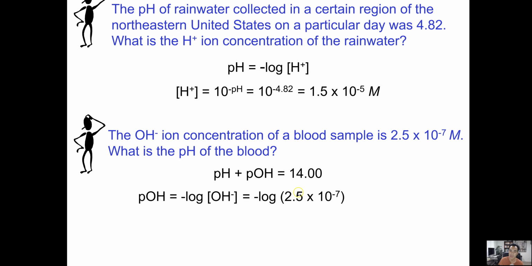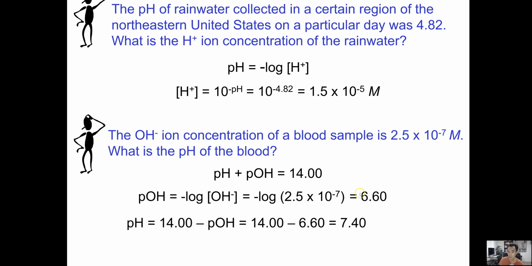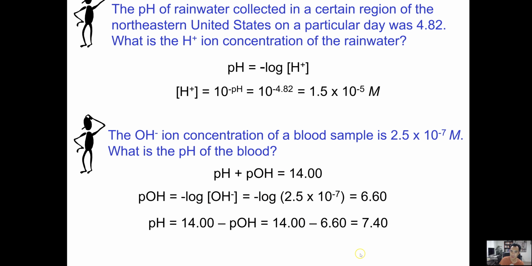And in this specific case, when you subtract it from 14, you should get that number. So your pOH was 6.60, which was pretty much this calculation. You're going to plug it back in here, and you're going to get 14 minus 6.60, so your answer is 7.40.